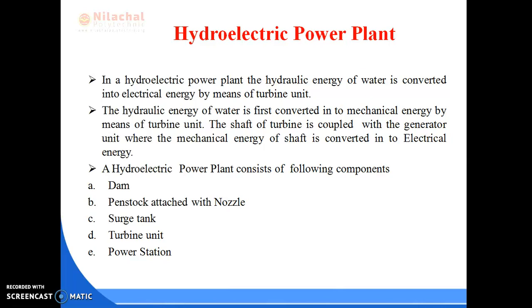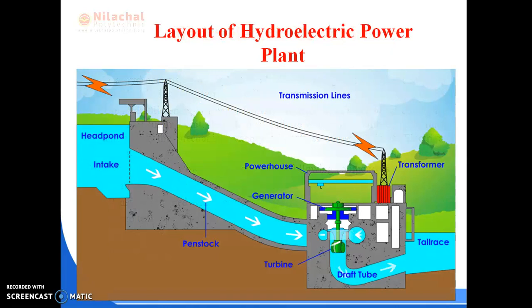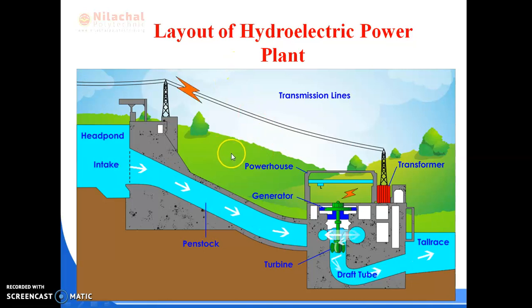So what are the basic parts of a hydroelectric power plant? We have the following components: dam, penstock attached with nozzle, surge tank, turbine unit, power station, and control gates. First, we have to know what a dam is. The dam is the place where we collect water from different catchment areas.